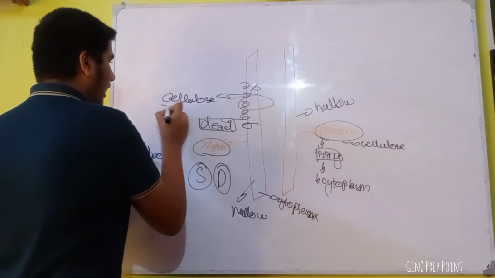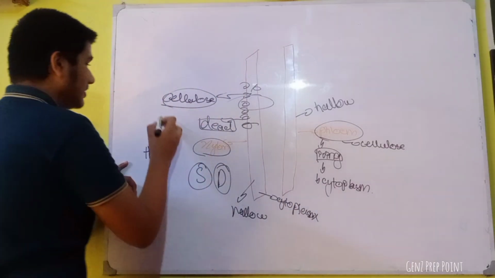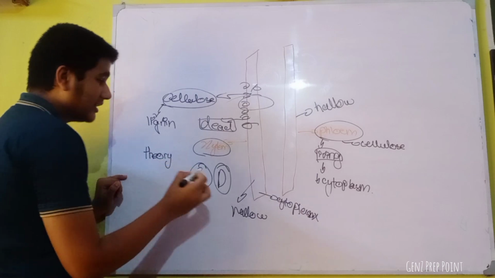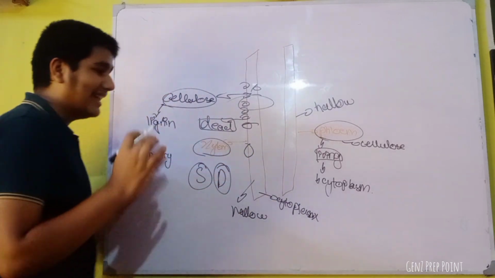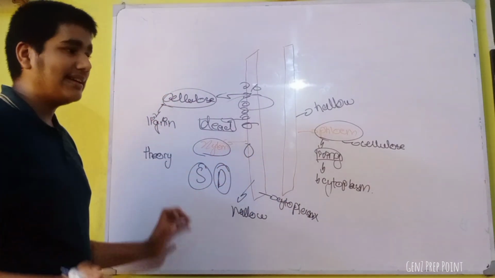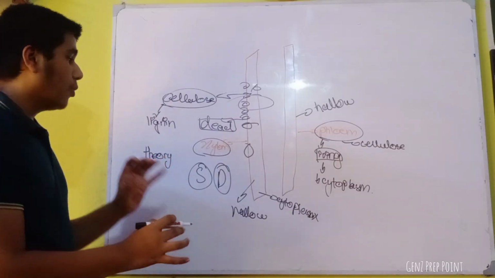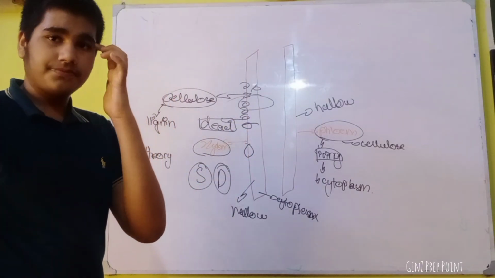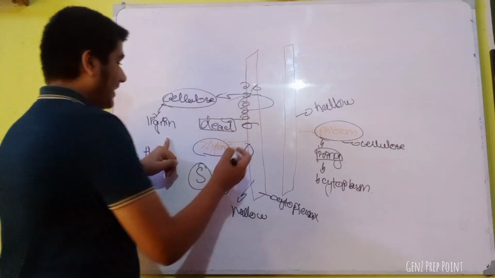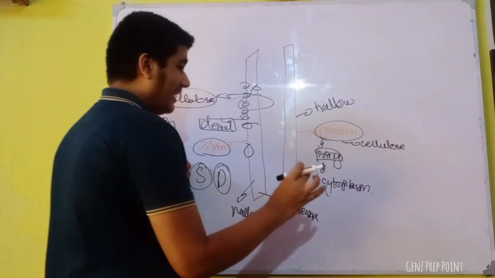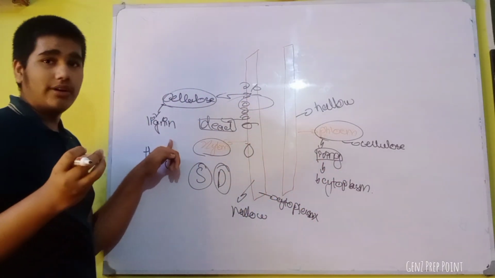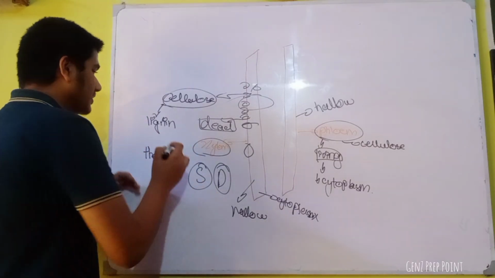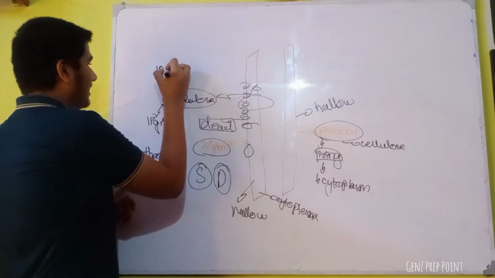Xylem has, along with cellulose, lignin in its wall. The xylem's wall is lignified, and the lignin is deposited on the walls along with cellulose. Phloem does have lignin but in small quantities, whereas xylem has an abundance of lignin, so it has lignified walls.